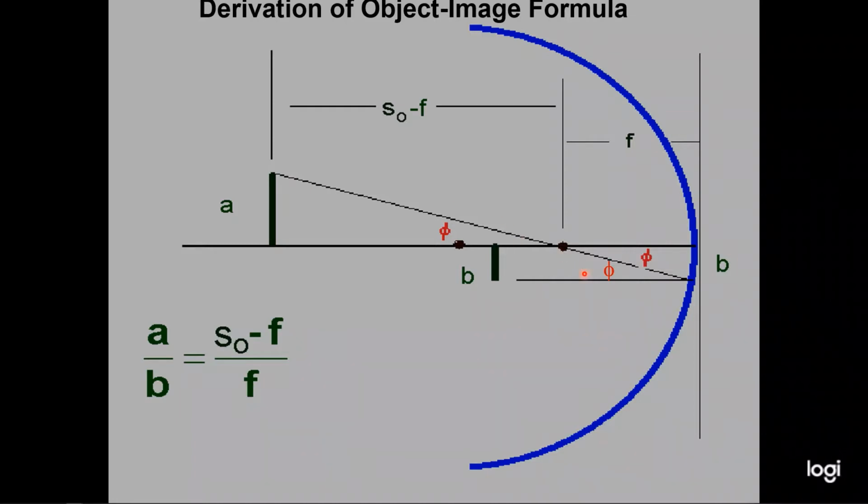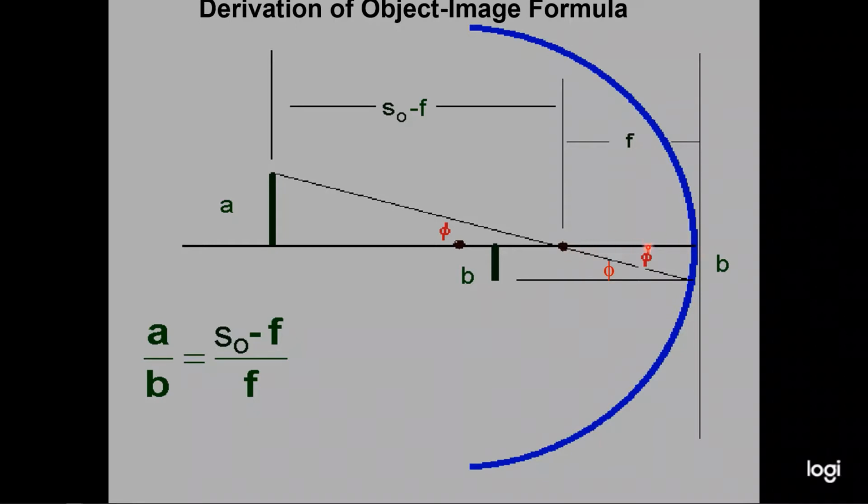And then the other triangle I want to look at is the one right over here. You can't see the other one, but the line here, I didn't want to draw the line here because it would be confusing if I drew the line on the mirror itself. But there's a line here that's perpendicular to the principal axis. Its height is b.